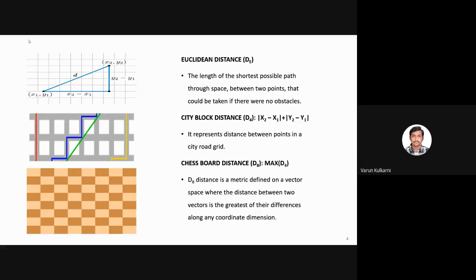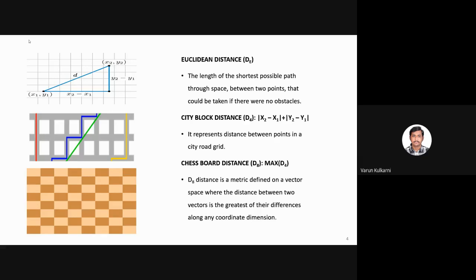We have 2 points, x1 y1, x2 y2. We calculate the distance by subtracting x2 by x1 and y2 by y1. And so by Pythagoras, we calculate the distance, that is d.